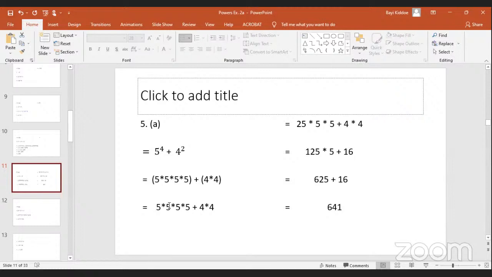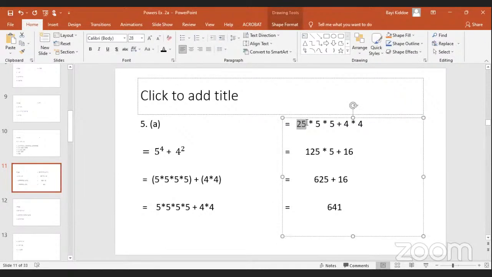So 5 times 5 is 25, right? 25 times 5 is 125. And 125 times 5 is 625, right?